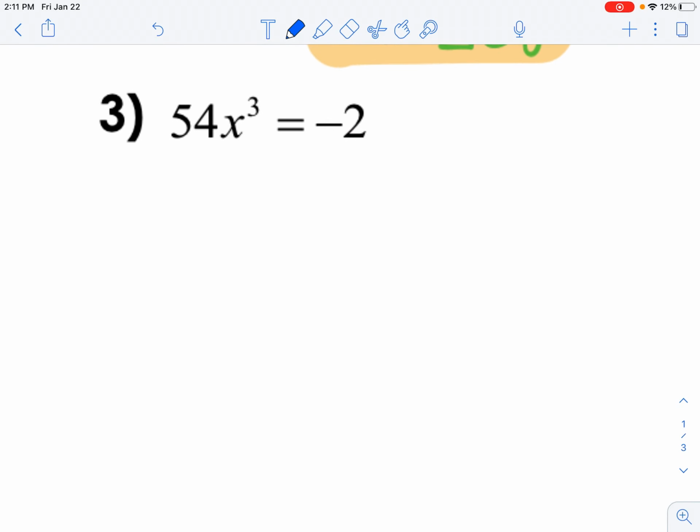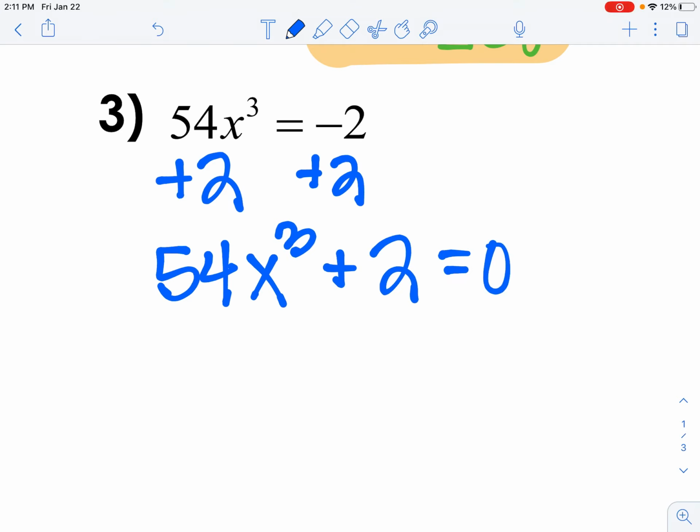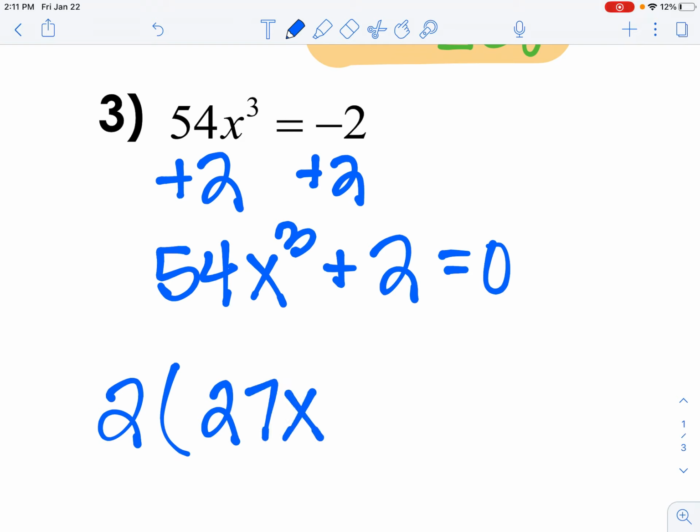Okay, here 54x cubed minus 2. If I add that 2 over so that it's equal to 0, I'll have 54x cubed plus 2 is 0. Now that's not a sum of cubes, but if I pull out a GCF of 2, I will get 27, sorry, x cubed plus 1.